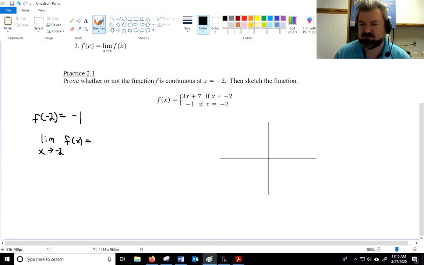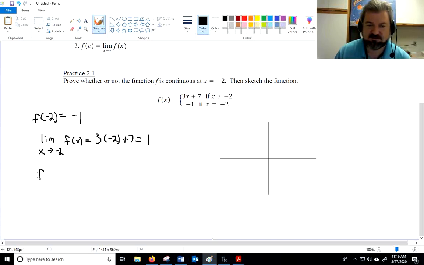So it's fine for me to use the top branch. Because for values of x infinitely close to -2, we would still use 3x plus 7, as long as it's not exactly -2. So I'll do that. 3 times -2 plus 7. Well, that's -6 plus 7, which is 1.